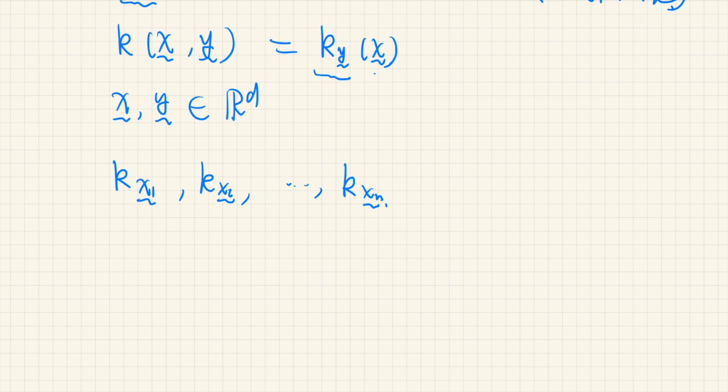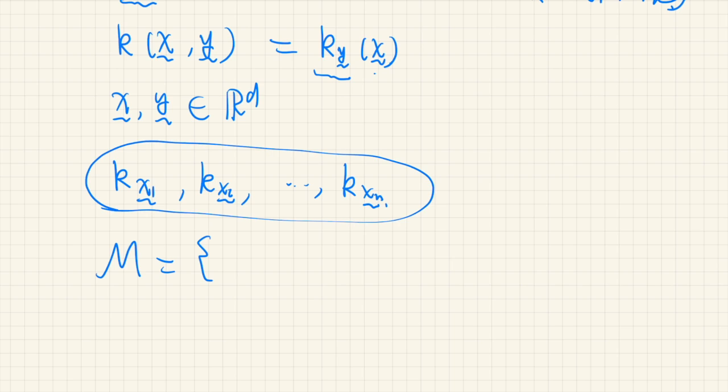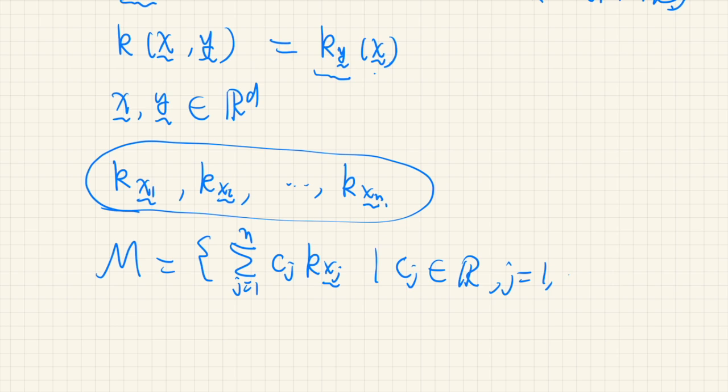And let's consider the subspace of the Hilbert space, M, spanned by these vectors. Okay, so linear combinations of these vectors, sum of c_j k_{x_j}, where c_j are real numbers and j from 1 to n.